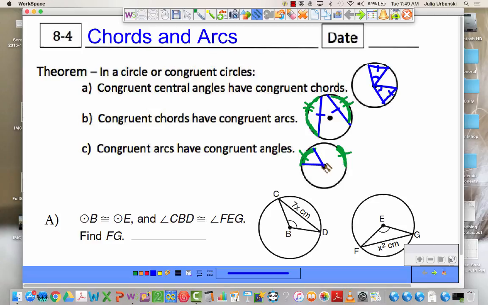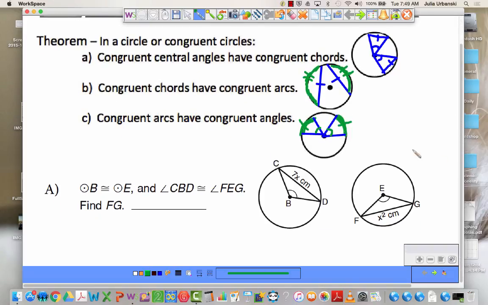That angle is going to be congruent to the central angle that comes from this arc. So if the arcs are equal, then the angles are going to be equal as well. When you find two congruent things in a circle, then you can find two other parts that are going to be congruent.